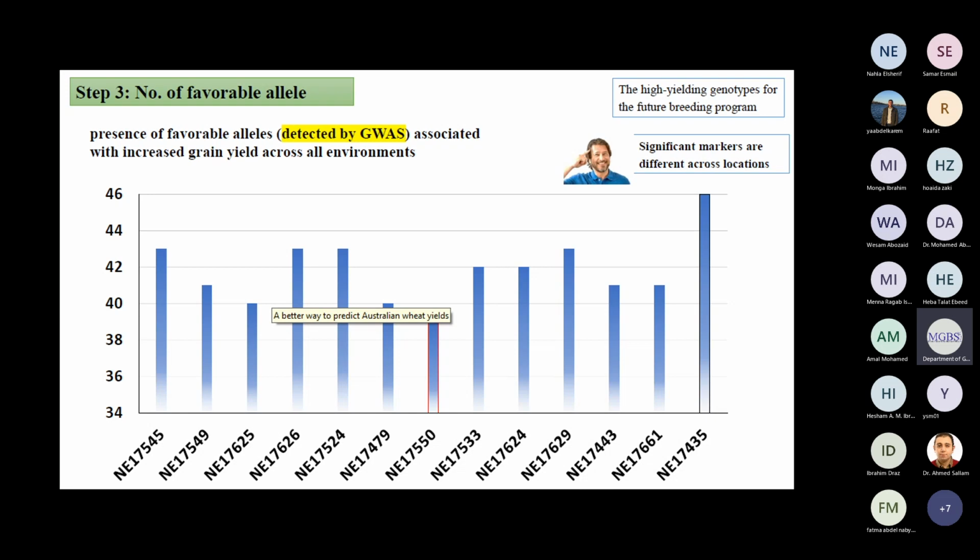This is genotype 35, we have like 46 significant markers, and genotype 50 had the lowest number of significant markers, maybe less than 40. So this is very important information. Now I have identified superior genotypes phenotypically, and I know now in each genotype how many genes can increase the grain yield.